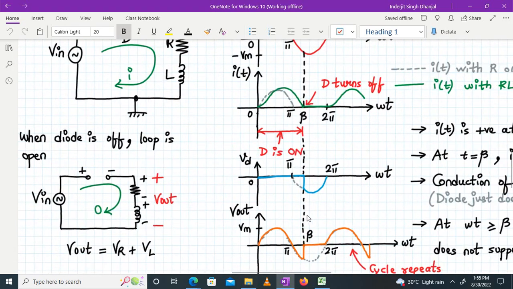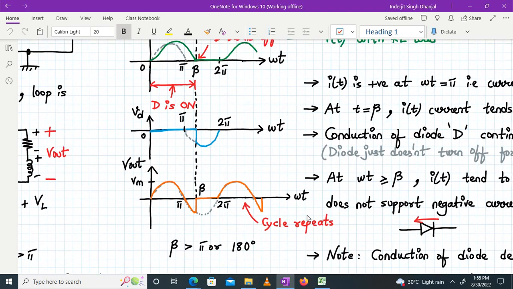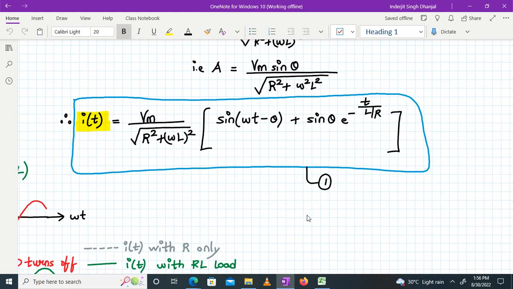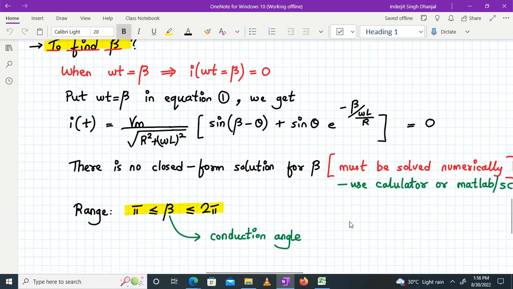Any doubts so far? Yeah, we are finding beta from this, by substituting omega t equal to beta and current is 0.